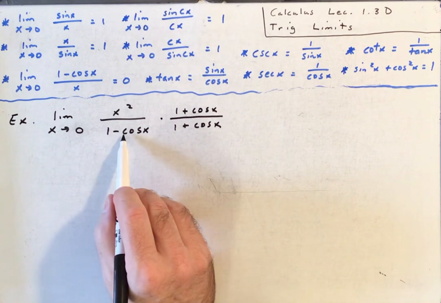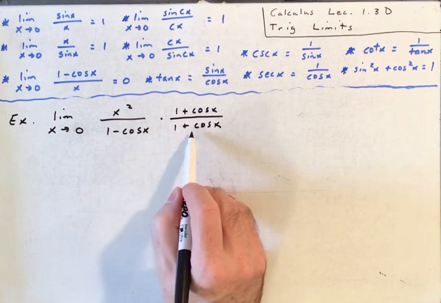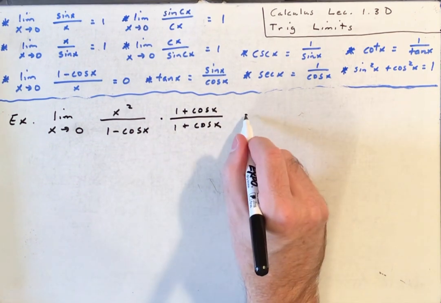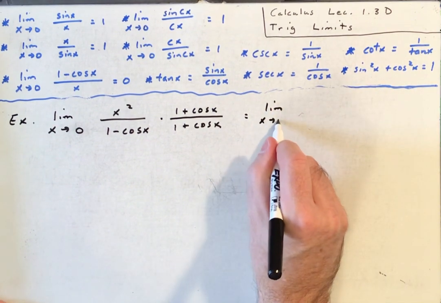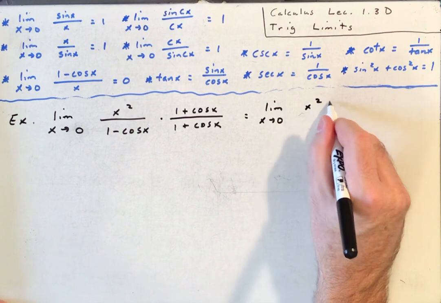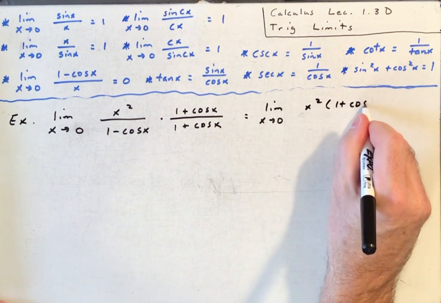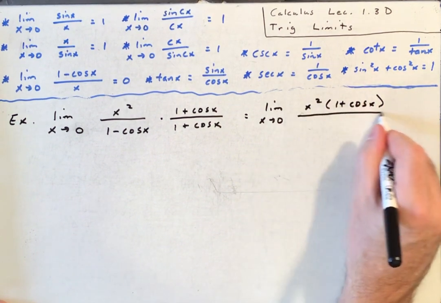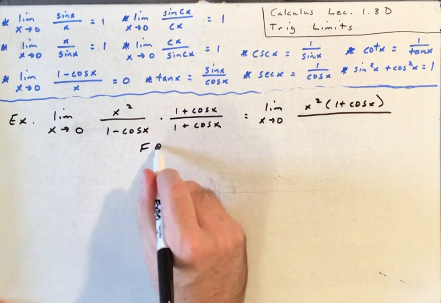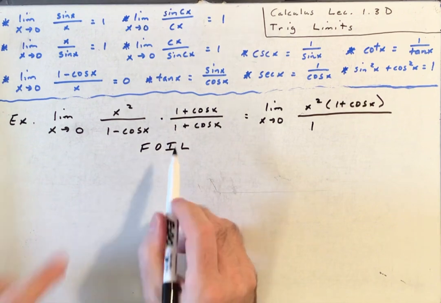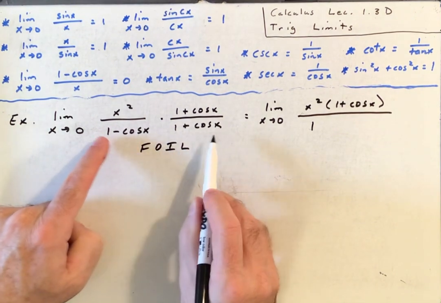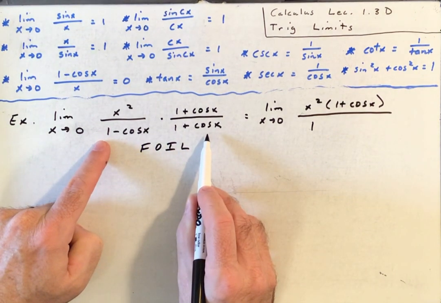So we're going to make that 1 plus cosine x. Okay, so I'm going to FOIL that out. So you'd have x squared times 1 plus cosine x on top. And on bottom, we're going to FOIL. So it's 1 times 1. Then the negative cosine x and positive cosine x cancel out.